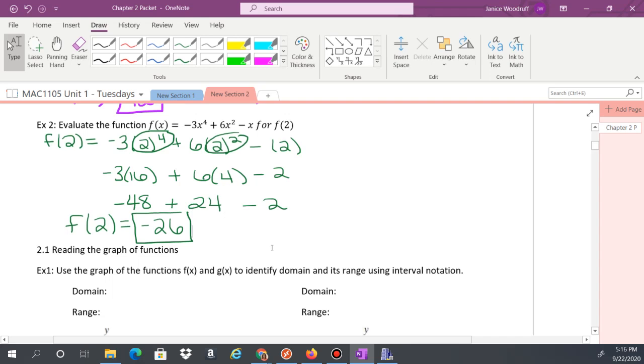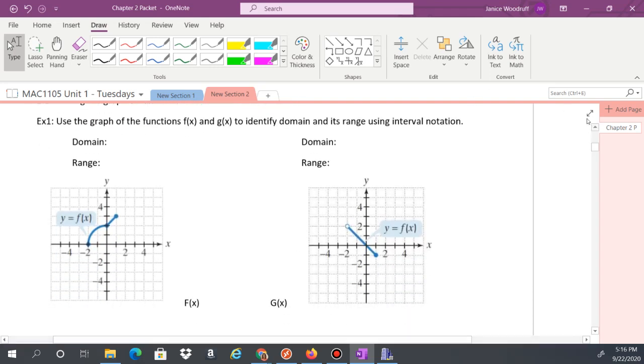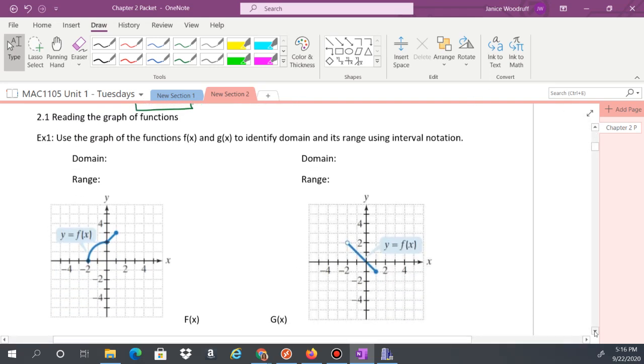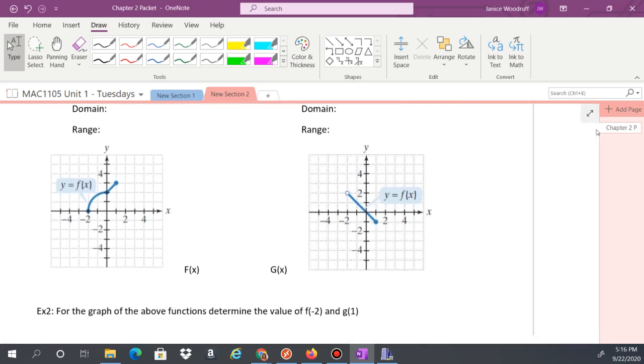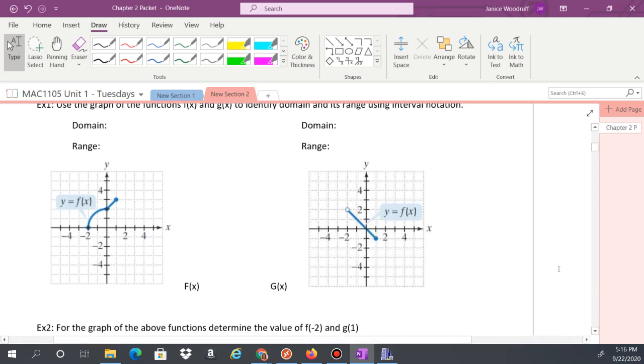All right, next we are reading the graph of functions. We're going to read a graph just like we read a book, so we read it left to right. What you're going to be asked to do is to find the domain and range of a graph using interval notation. So remember, for interval notation, like what we did for inequalities.